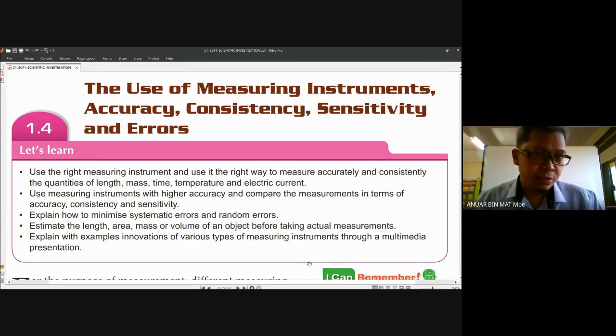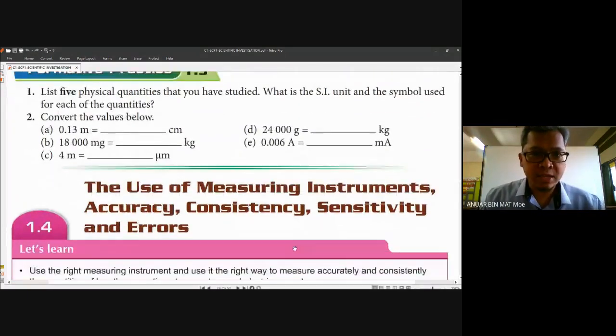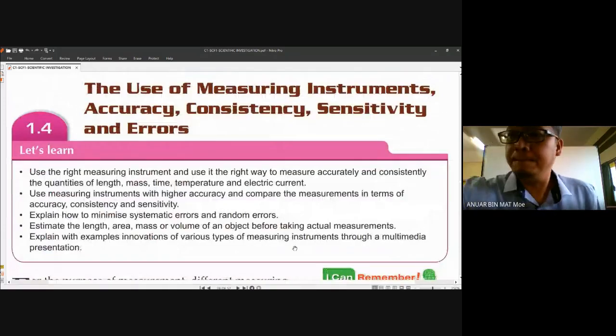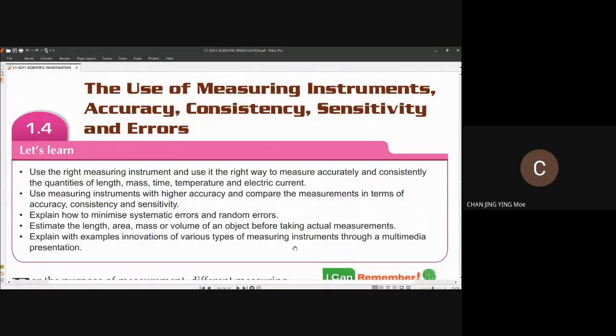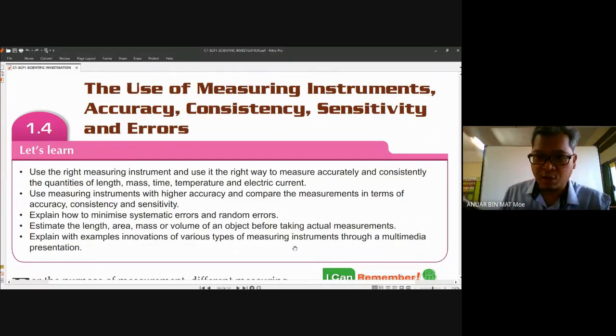So last week I asked you to finish formative practice 1.3. Is there any problem? No problem. Okay, very good. But if you have a problem, you can always message me privately, or you just ask on our Telegram group.